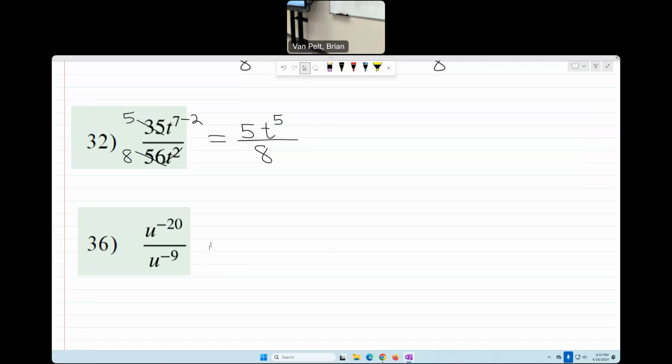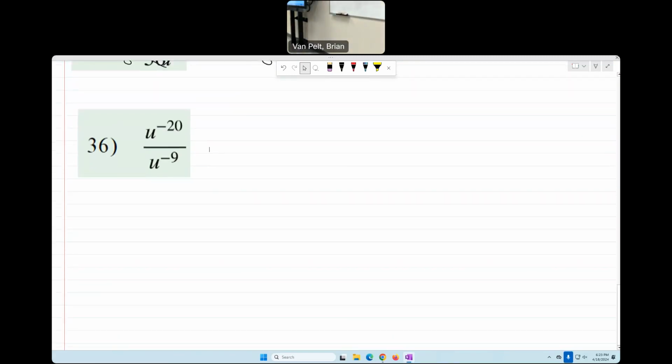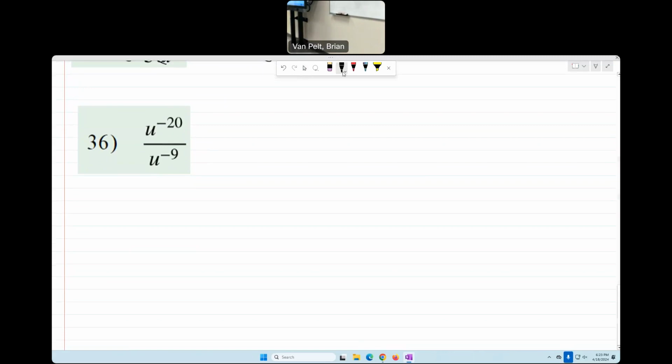Negative 29. No, so one over u to the 11. I have at least 3 ways to do this problem. Should I do them all 3 ways? Okay, that's what you want. Some of these ways are convoluted. One rule from the last section said you can simply do this: u to the 9 divided by u to the 20.